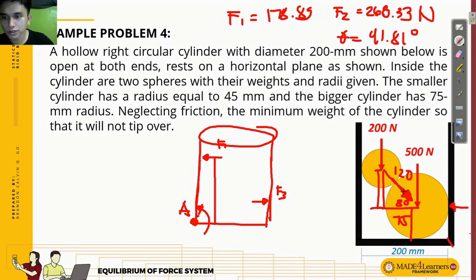Okay? Using Pythagorean theorem. So, mao ni siya yung hypotenuse and usa ka leg. So, therefore, 120 squared is equal to 80 squared plus b squared, mao ni unknown, no?